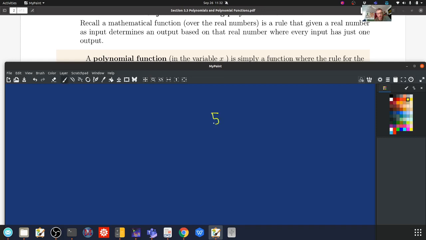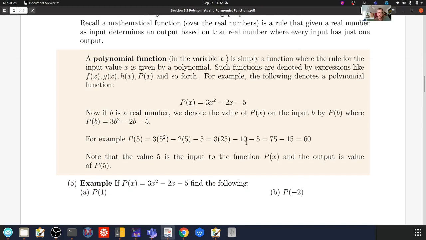Suppose I have 5x squared plus 2x minus 50. So that's a polynomial. I can simply declare it to be a function, and I will always know that its graph will pass the vertical line test. Polynomials are always functions, and that's kind of helpful too.